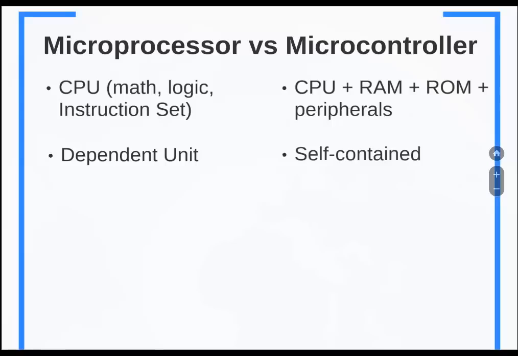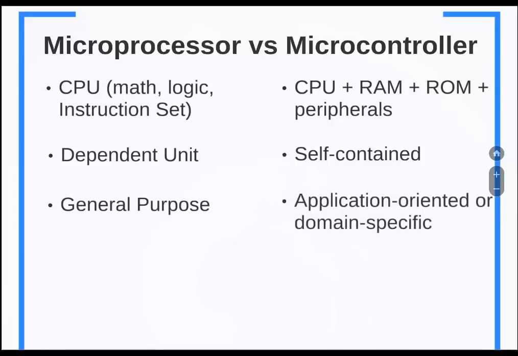Whereas a microcontroller, for the most part, is self-contained. Many of the things that you require for an embedded system are already put on that IC. A microprocessor is general purpose, so it can be used for a variety of different applications. Whereas a microcontroller is generally application oriented, designed for a specific application. Because of that, they have peripherals that are optimized for that particular application or domain.